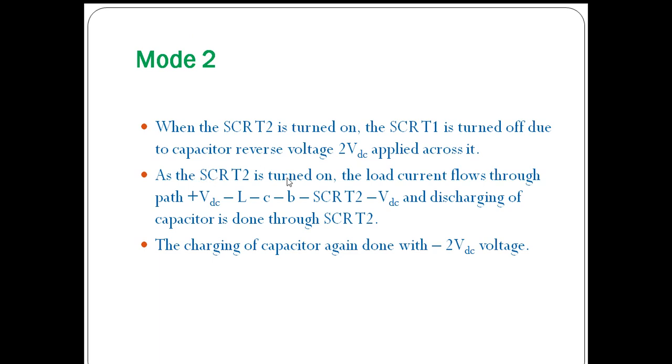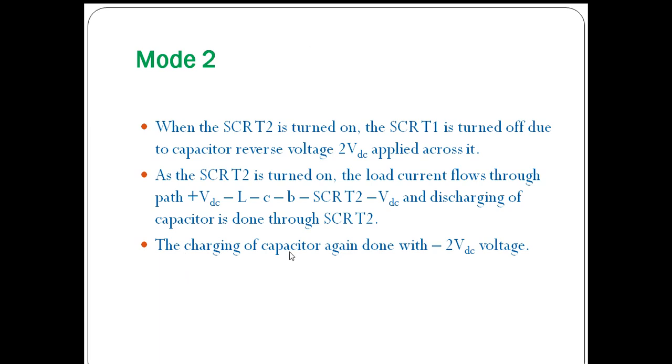As thyristor T2 is turned on, the load current flows through VDC, L, the center tap of the transformer, points C, B, and thyristor T2, and it goes to VDC. Discharging of the capacitor is done through SCR T2.